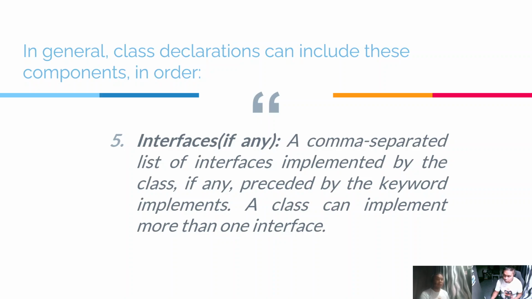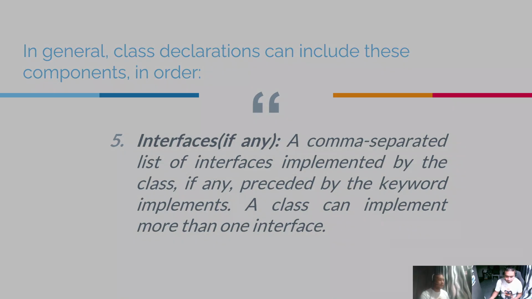So the same with inheritance, we cannot proceed to interfaces if we don't have the idea and knowledge of what inheritance is. If you see implements in your class definition, that means you are implementing an interface in your class. I'll show you later how it looks in your code.